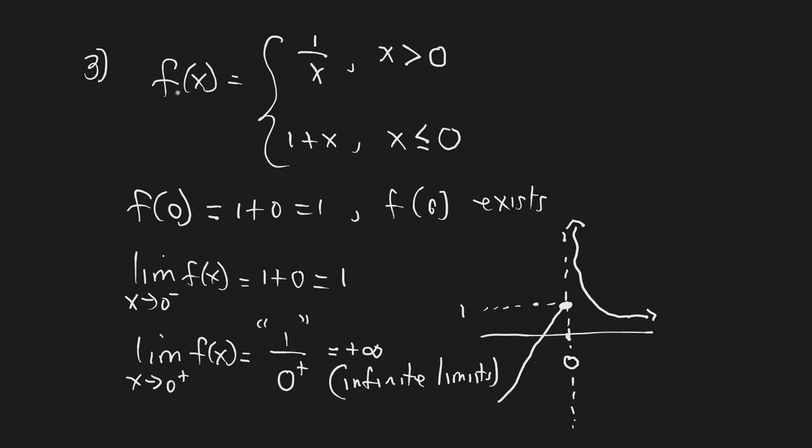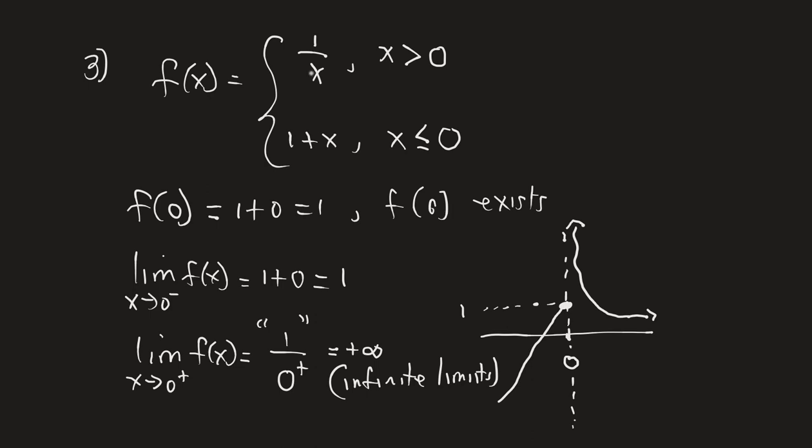I can take f of x, and no matter what number you tell me, I can always plug it into the appropriate piece. The only problem here is when x is equal to 0, but x equal to 0 is in this domain, so I would use this piece of the function. If x is greater than 0, I can always plug the x values in and get a specific number.